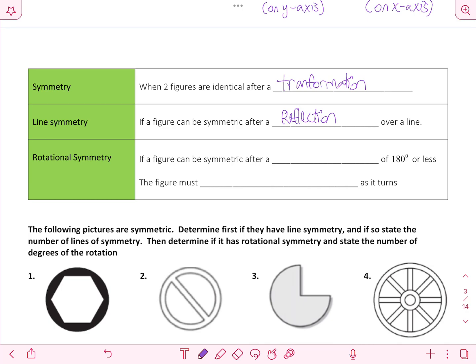So as far as rotational symmetry goes, if a figure can be symmetric after a rotation of 180 degrees or less, that's what we call rotational symmetry. The figure must repeat its pattern as it turns.